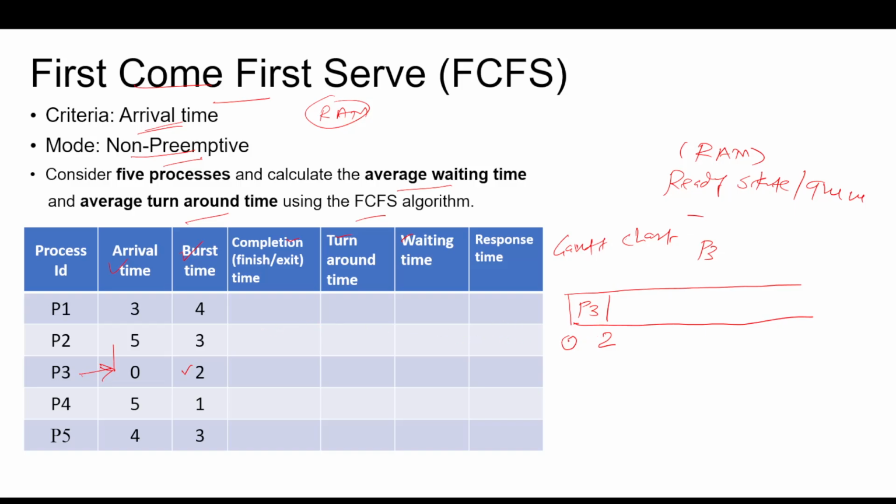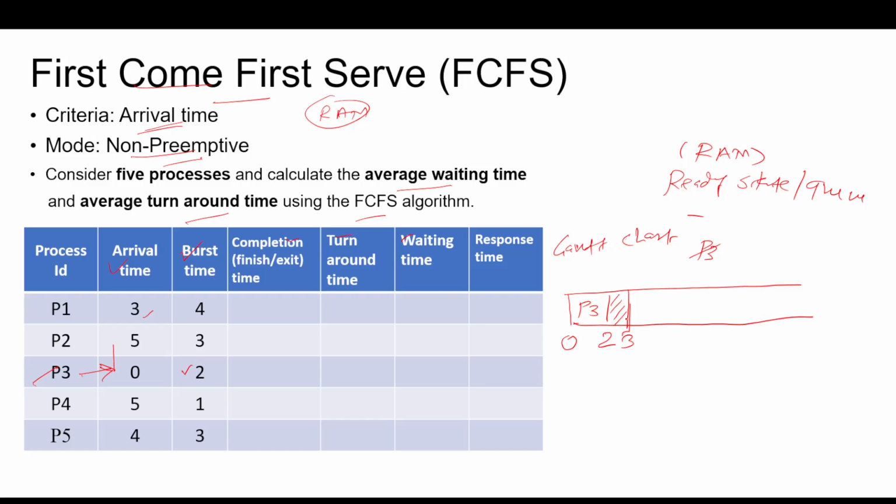Now, when we are executing P3, has any new process arrived in the ready state? This P3 is done now. So check from 0 to 2, is there any process? No, there is no process. But at the third unit, the P1 process arrives. That means from 2 to 3, no process is in the ready queue.